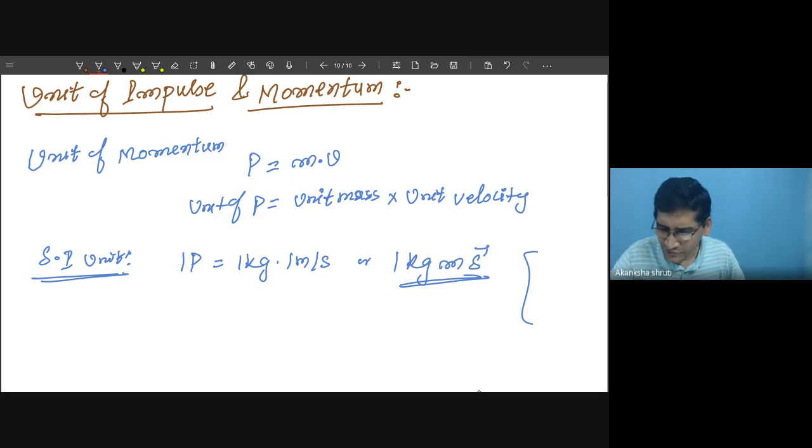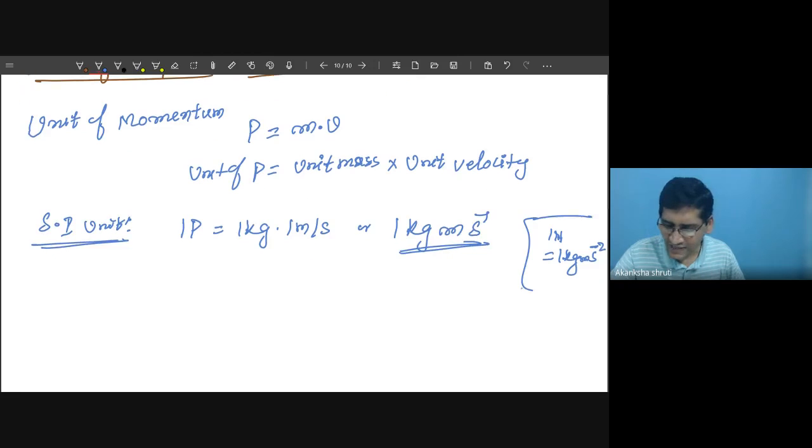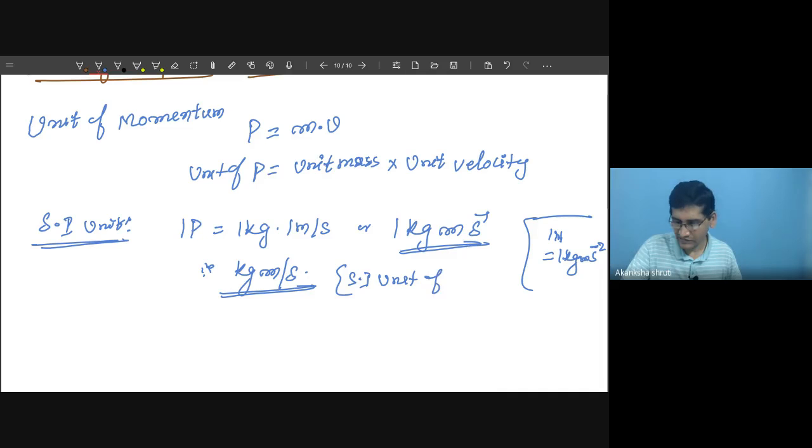But note, for force, 1 Newton was 1 kg meter per second with power -2. So you have to keep that in mind. Kg meter per second is the unit of momentum. So this is our SI unit of momentum.